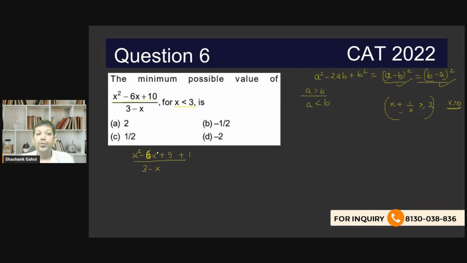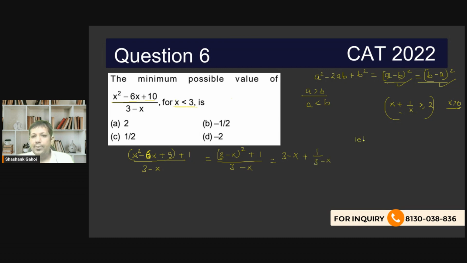So I'm going to write it as (3 minus x) whole square because x is smaller than 3. So this comes out to be (3 minus x) whole square plus 1 upon (3 minus x). So this gives me (3 minus x) plus 1 upon (3 minus x).